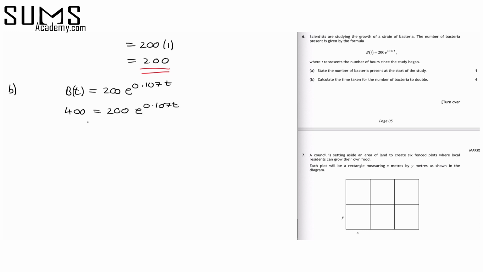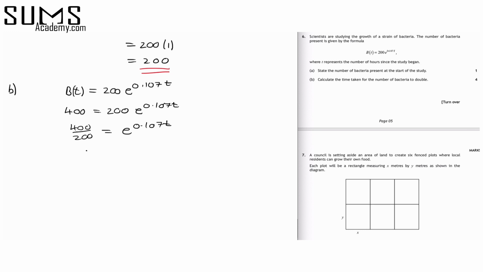We bring the 200 over, so 400 over 200, because what we're trying to do is get the t by itself. That simplifies down to 2 equals e to the 0.107 t.